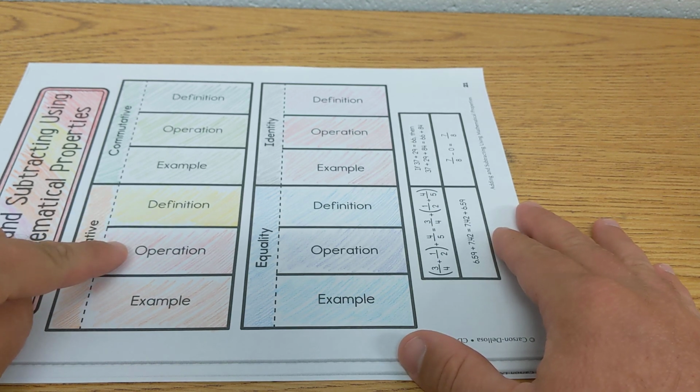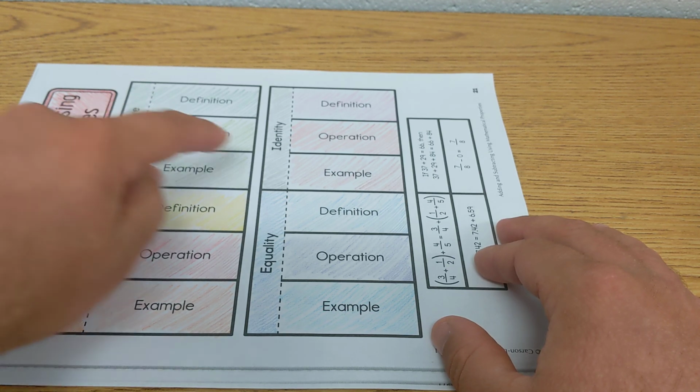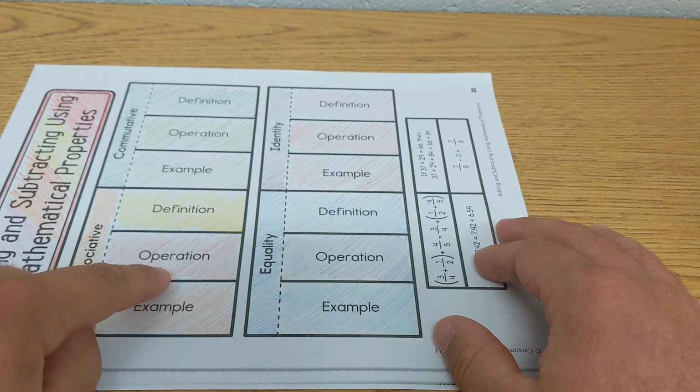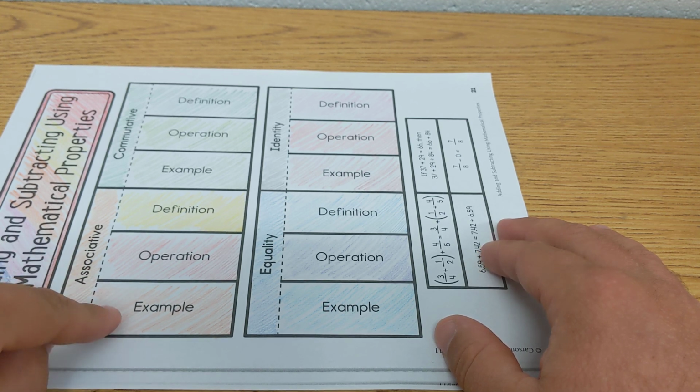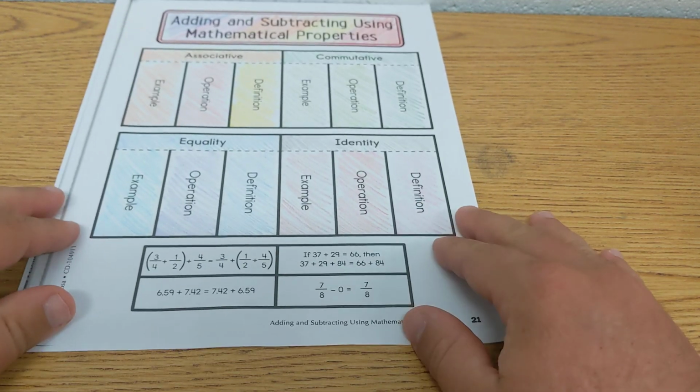The operation, now it's talking about whether the associative, the commutative, identity, or equality operation, what operation is associated with that property. All right, and you can find that in the definitions. Okay, and then an example. Well, the examples are going to be right here.